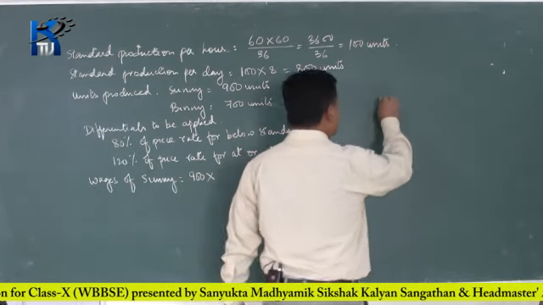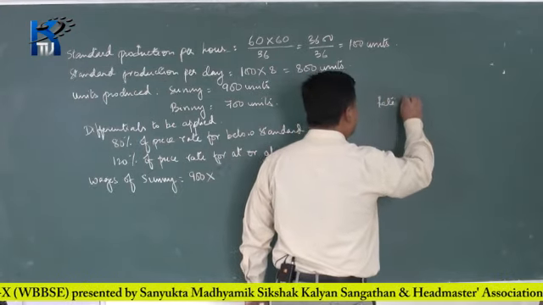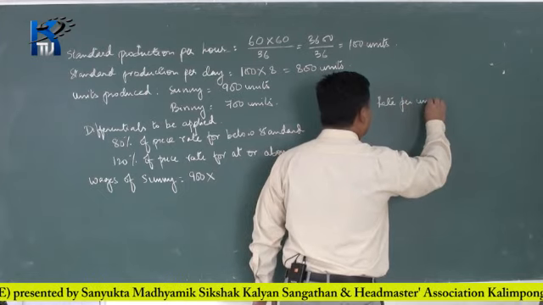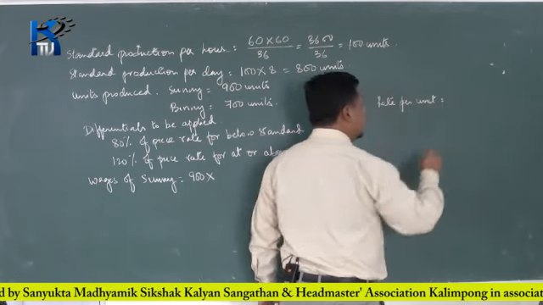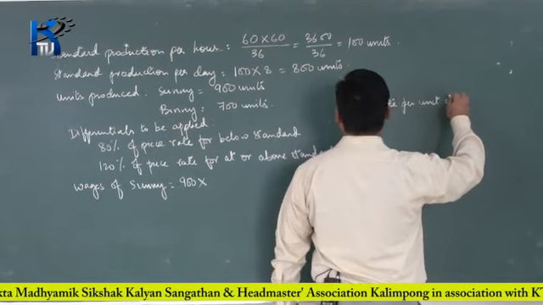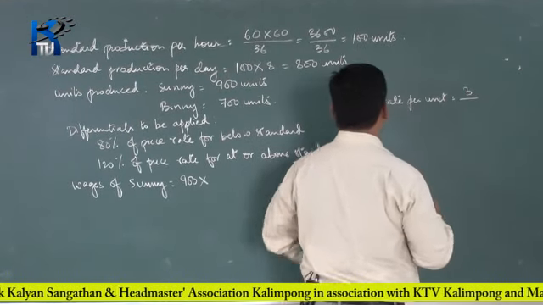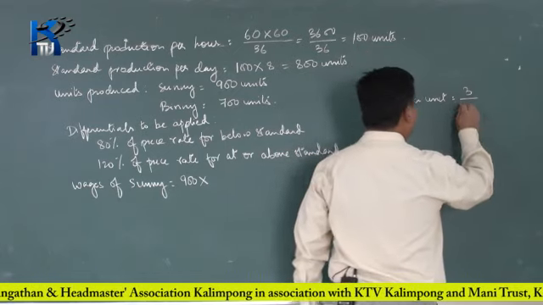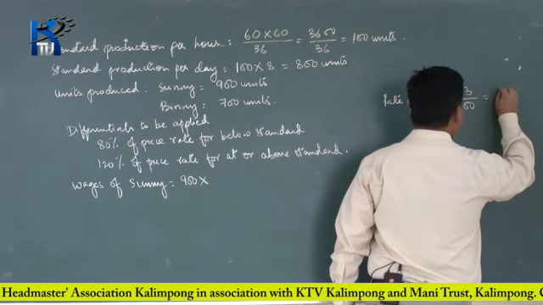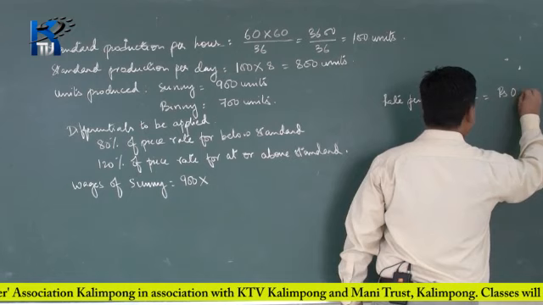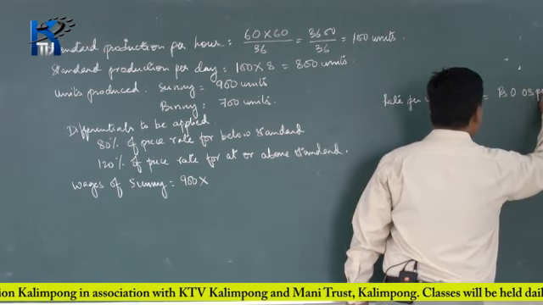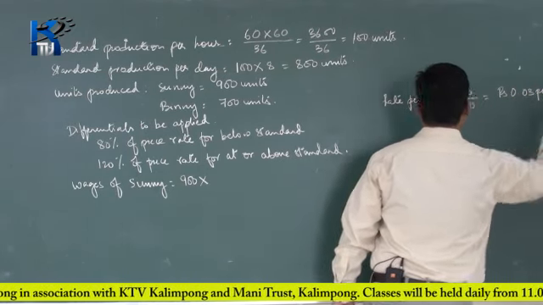So rate per unit would be standard rate per hour divided by standard production per hour, that is 100 units, or rupees 0.03 per unit.